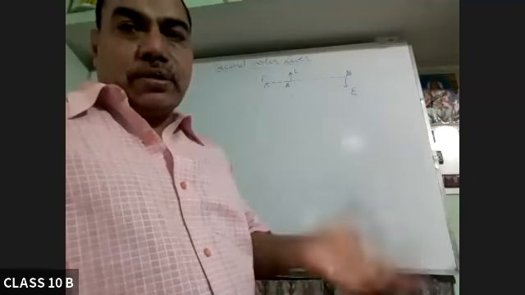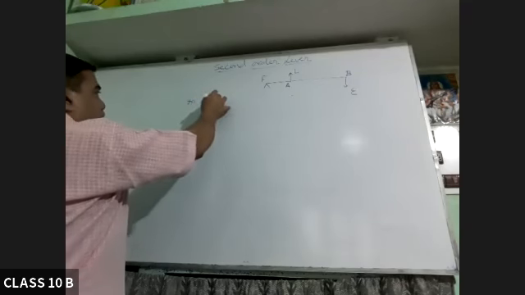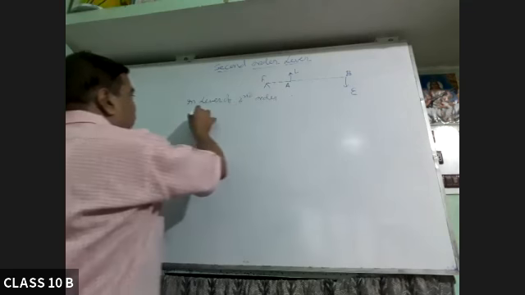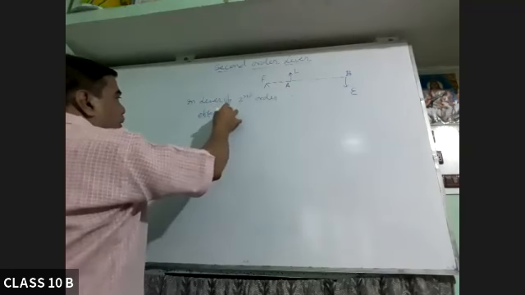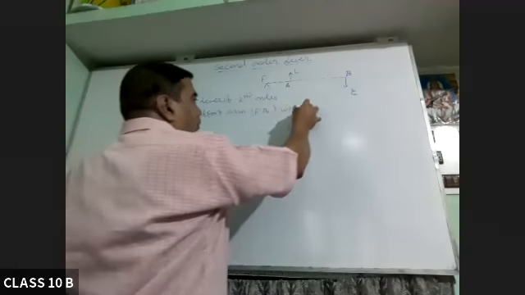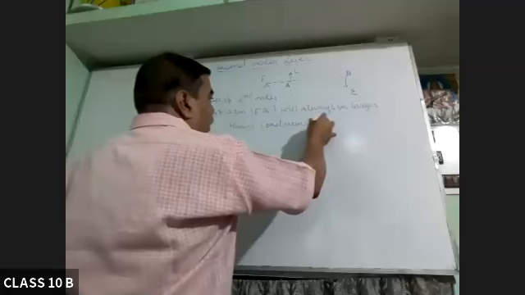Then three different types of working are there. But here, no other possibility. So in lever of second order, the effort arm FB will always be larger than the load arm FA.